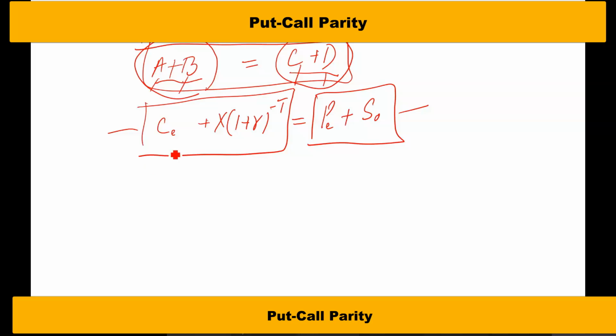There is no chance that you will get a different outcome with this portfolio than this portfolio. So they are identical, they are the same. If they are identical, then it means that to buy one call and this investment, the amount needed should be exactly equal to the amount you need to buy one put option and the underlying stock here. If this is not the case, again, there is an arbitrage.